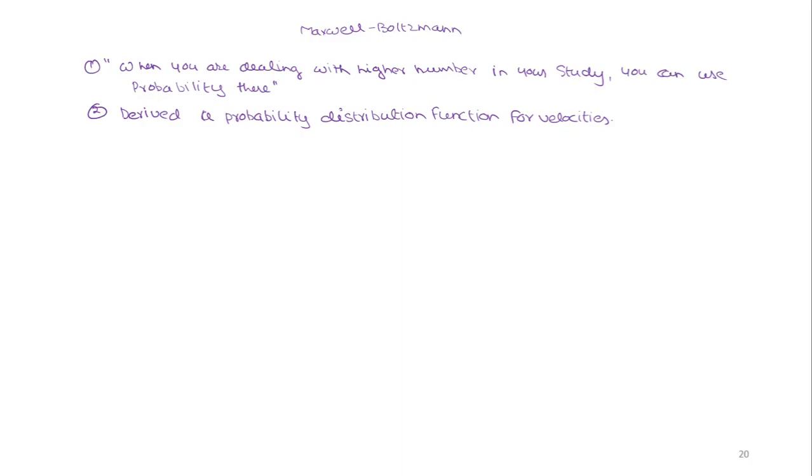So now let us talk about the actual Maxwell Boltzmann velocity distribution. Prior to Maxwell Boltzmann's work, the scientific society believed that all atoms in a gaseous system would have the same velocity, because particles in the system collide with each other and that would average out the velocities.